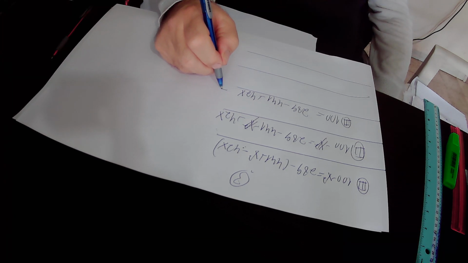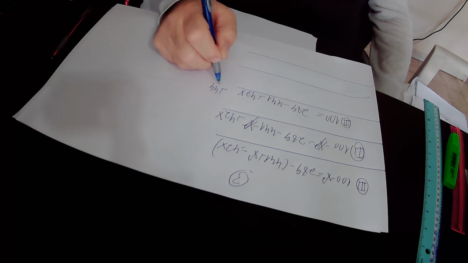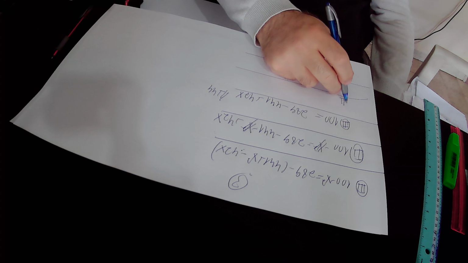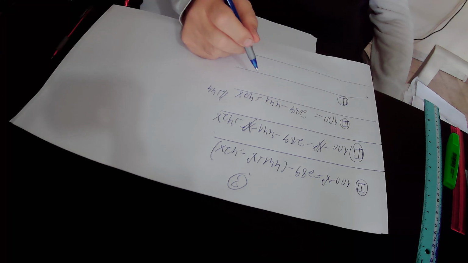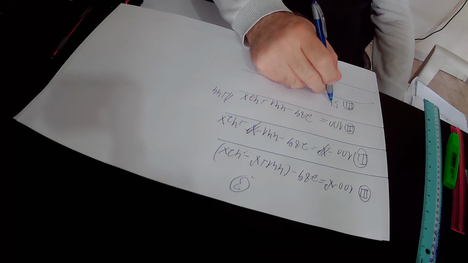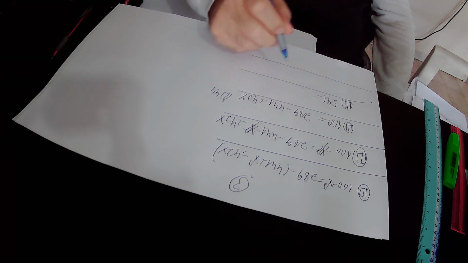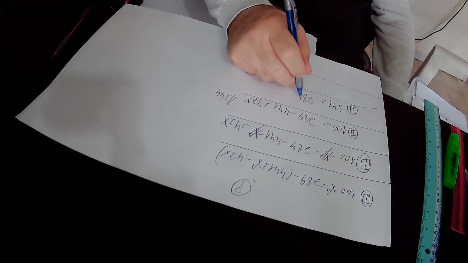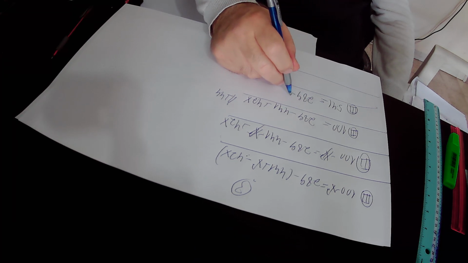So here we add 441 to equation 3. So we get that 100 plus 441 equals 541, and it equals 289 plus 42x.